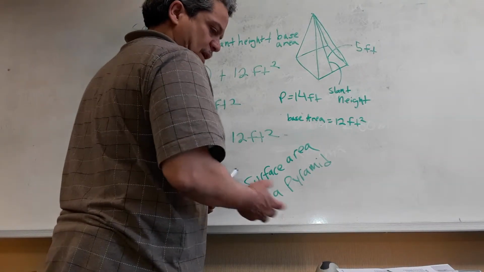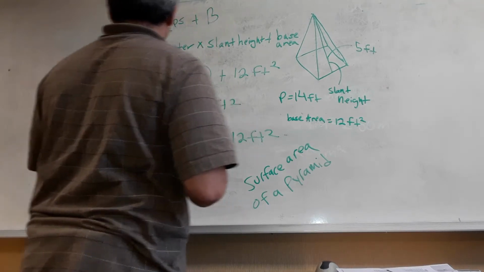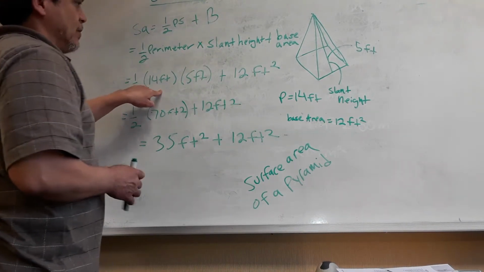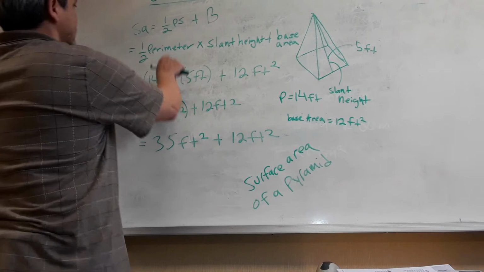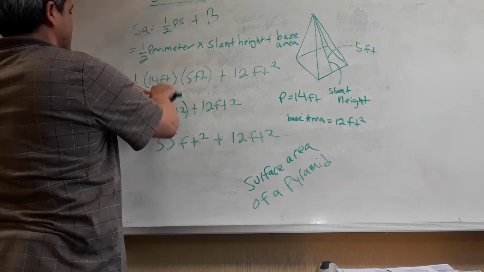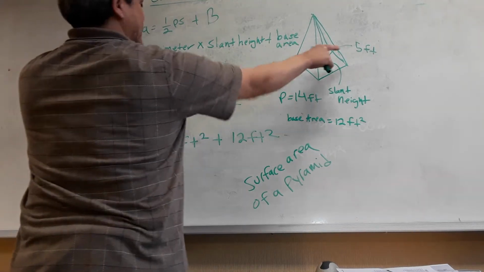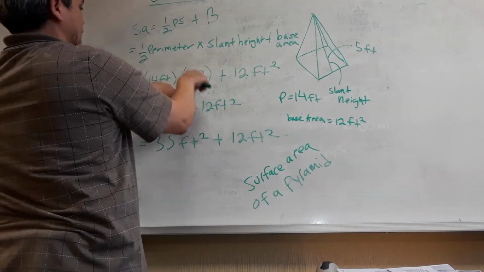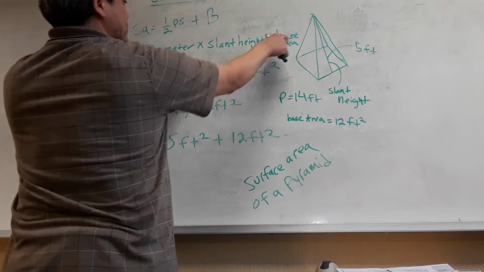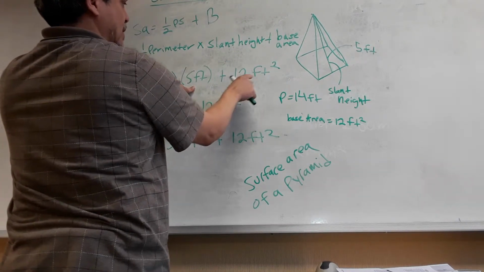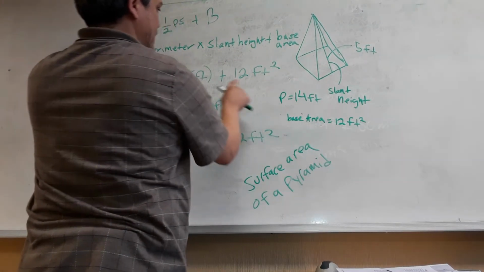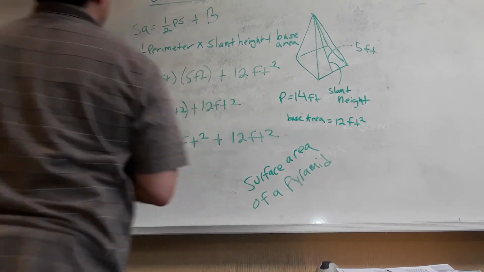Now, all we have to do is put in the numbers. They told us our perimeter is 14 feet. So 1/2 times the perimeter, 14 feet. We know our slant height is 5 feet, so we put in times 5 feet. Plus base area, they give us 12 feet squared.